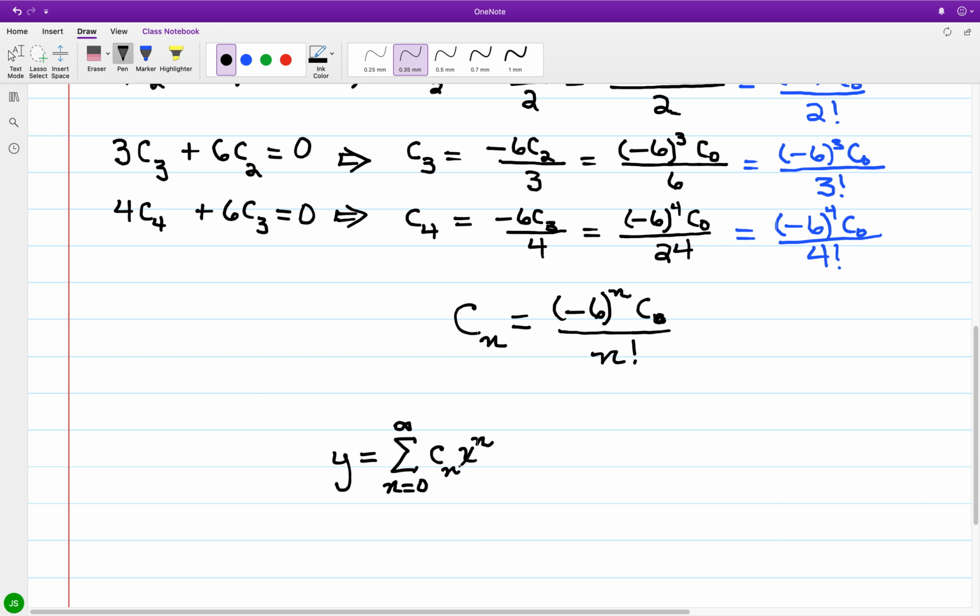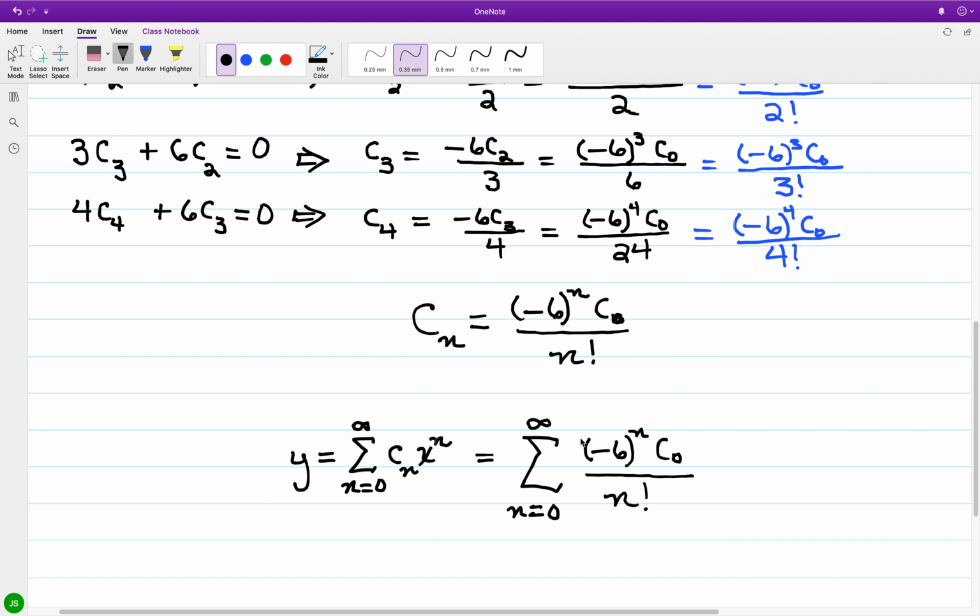Representing c of n is the above expression: negative 6 to the n c naught all over n factorial, and then times x to the n.